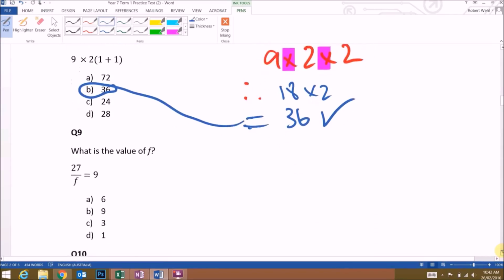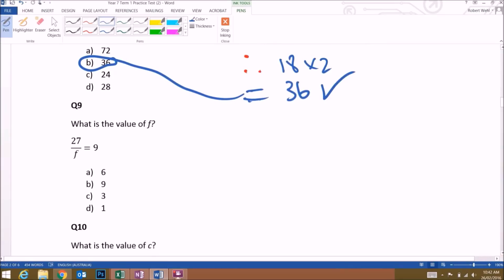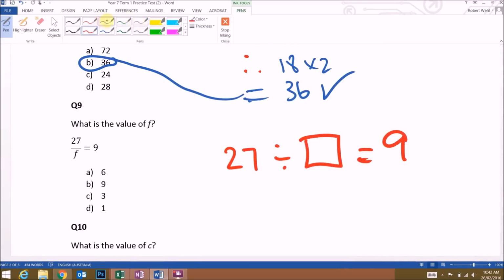What is the value of F? So 27 divided by something equals 9. If you're having trouble with this, rewrite it. You can guess and check. You could start with a number. Firstly, you need a number that can be divided into 27.